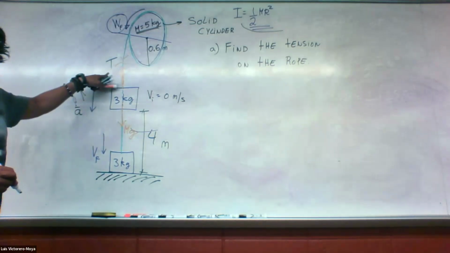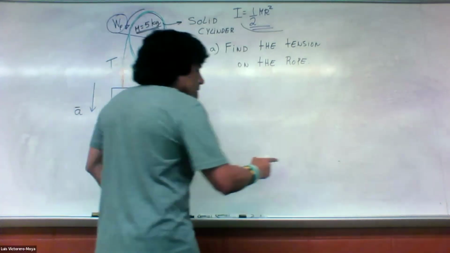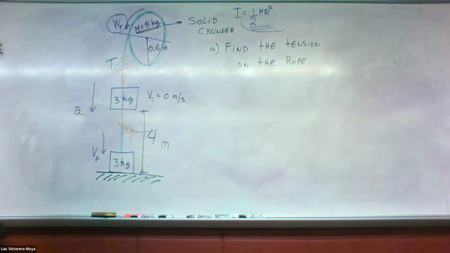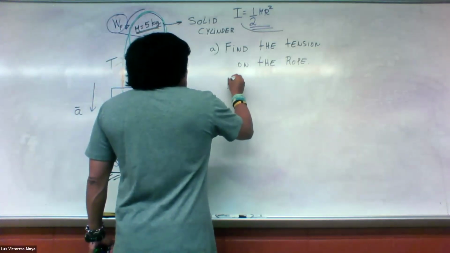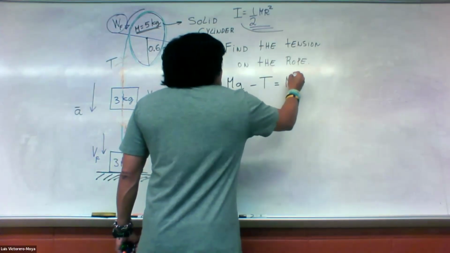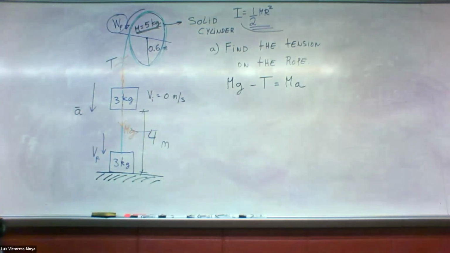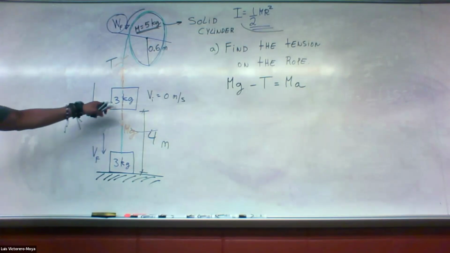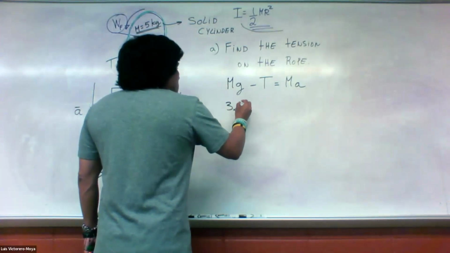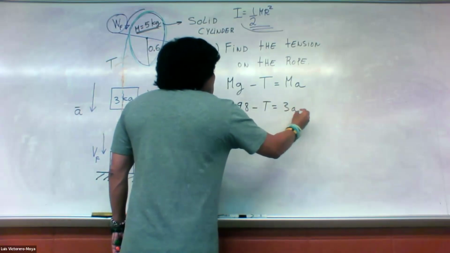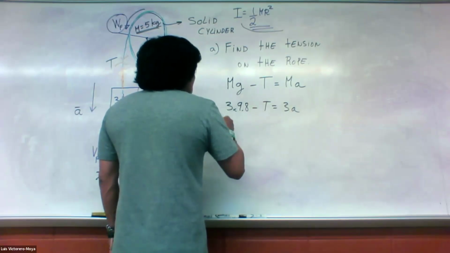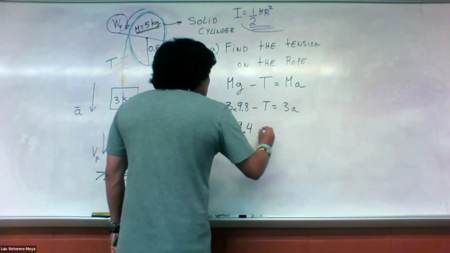What will be Newton's second law for the mass? mg minus tension equals ma. That's 3, so we have 3 times 9.8 minus tension equals 3a. 29.4 minus T equals 3a.